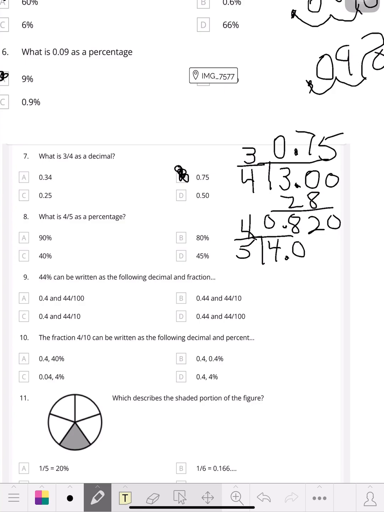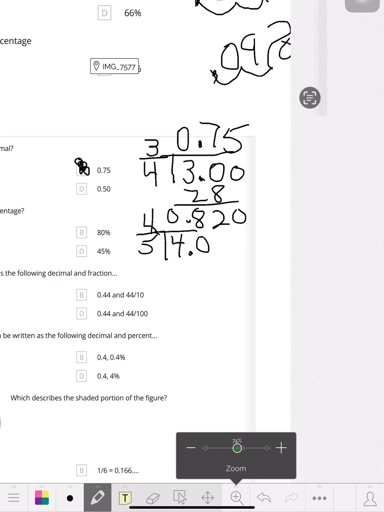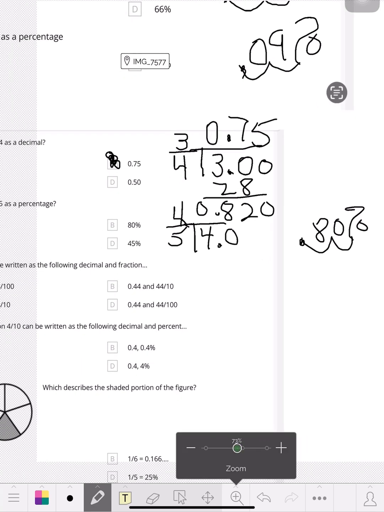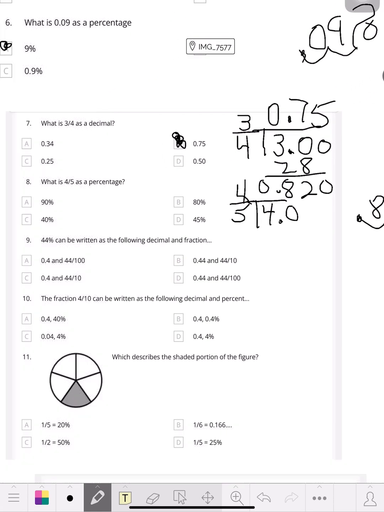So our decimal, I'm just going to move the screen over a little, our decimal is 0.8. Now, to make this a percentage, because that's what they want, you move 2 places to the right, once, twice. Make the percentage sign. What is it, 80%? Any of these say 80%? Yeah, look at this, B. B is 80%. Hey, we grab that one.